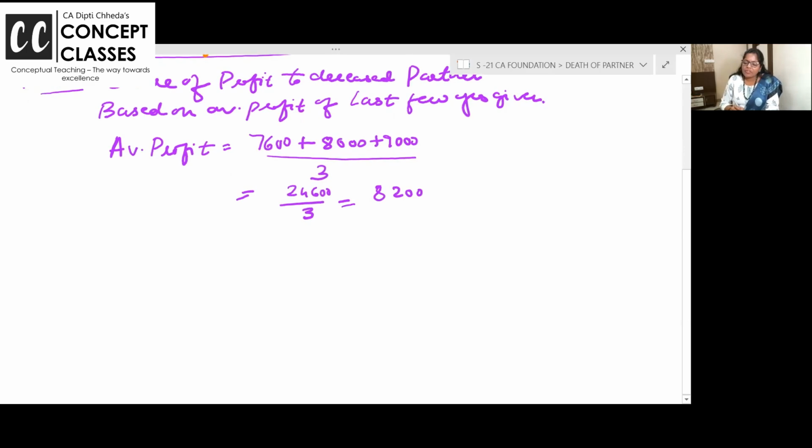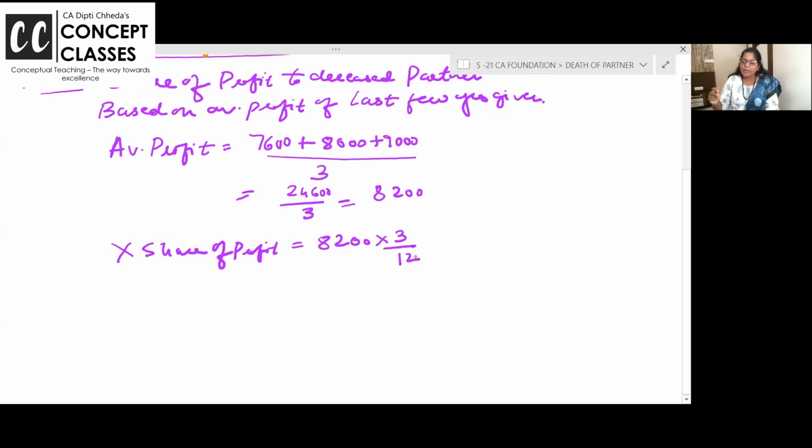Now, based on average profit, you have to give 3 months profit to the deceased partner, X. X share of profit is equal to 8,200 into, this is 12 months profit.